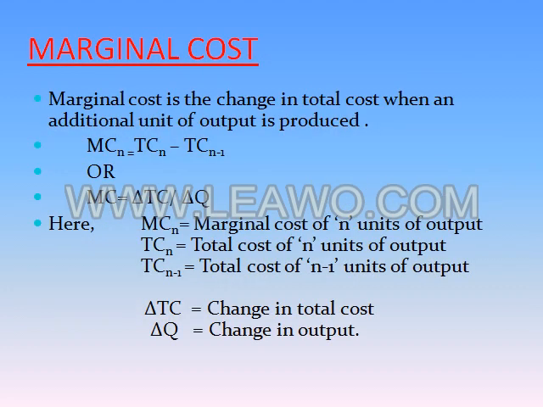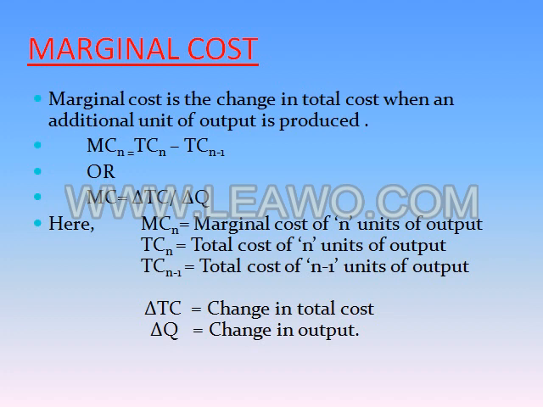Marginal cost. Marginal cost is the change in total cost when an additional unit of output is produced. MCn is equal to TCn minus TCn minus 1, or MC is equal to delta TC upon delta Q. Here, MCn is equal to marginal cost of the nth unit of output, TCn is equal to total cost of n units of output, TCn minus 1 is equal to total cost of n minus 1 units of output.